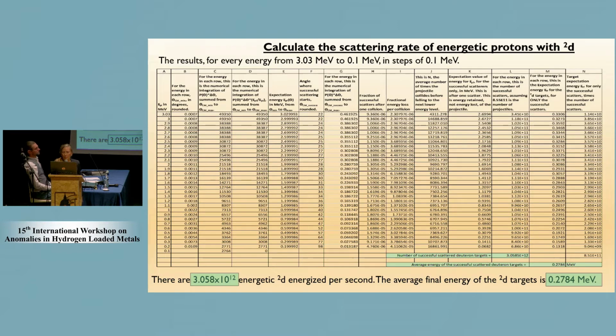I realize these numbers are too small to see, but I want to show you that I have done these calculations and that these numbers are real. Here, the numeric integrations for the protons are done as the energy steps down from 3.03 to 0.1 MeV.